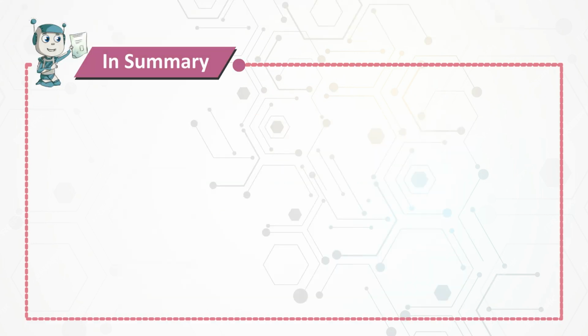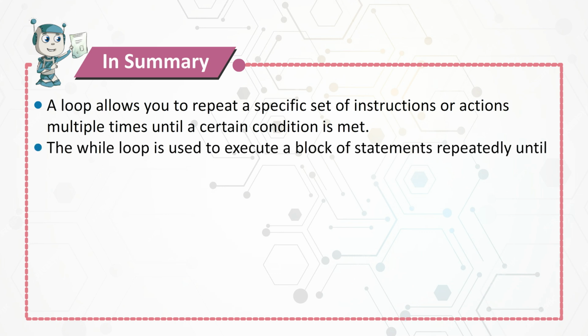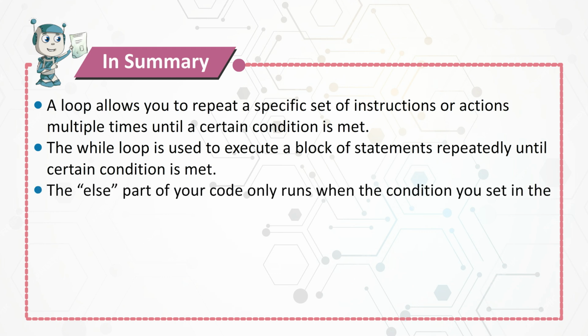In summary, a loop allows you to repeat a specific set of instructions or actions multiple times until a certain condition is met. The while loop is used to execute a block of statements repeatedly until a certain condition is met. The else part of your code only runs when the condition you set in the while loop becomes false.